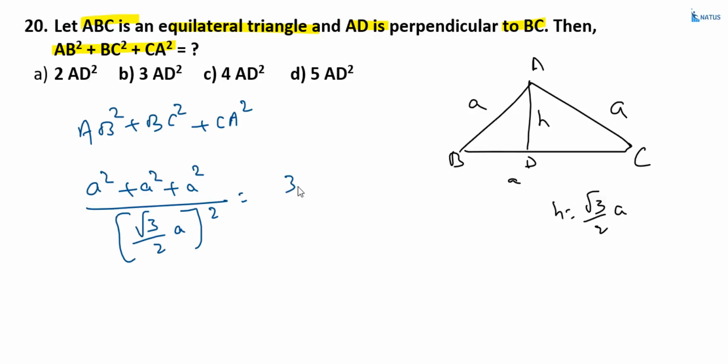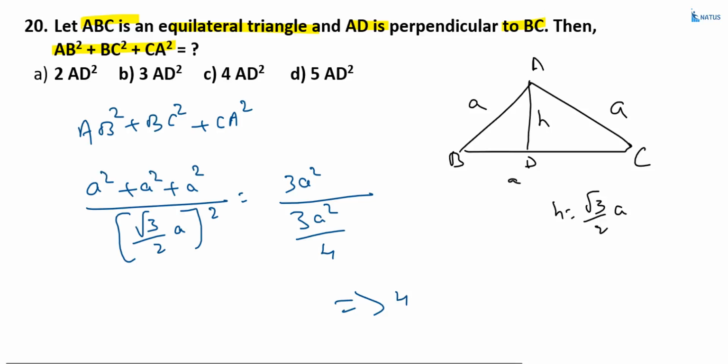Right? This is equal to 3A square by 4. That implies what happened? There were 4 times. So the answer is 4 times of AD square, 4AD square. Option C is the correct answer.